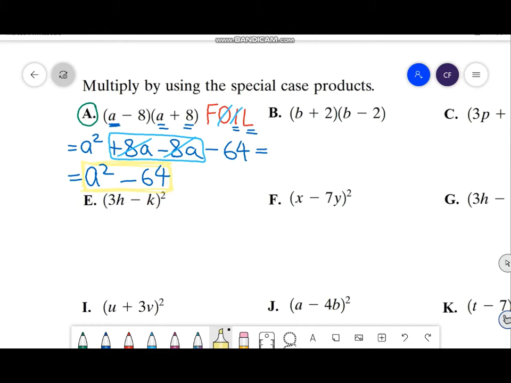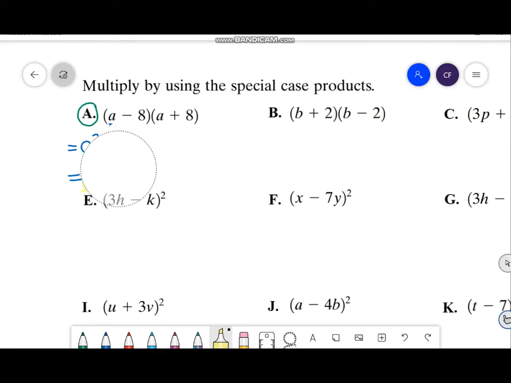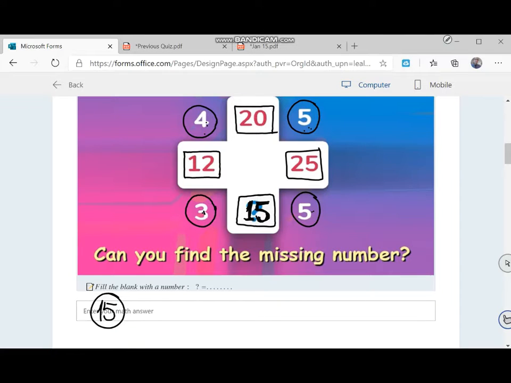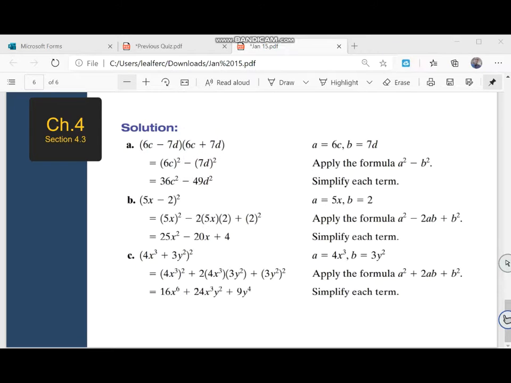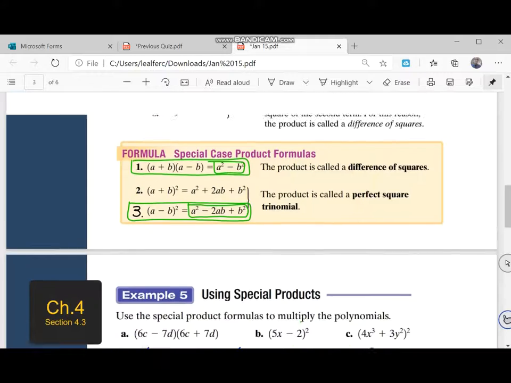Conclusion. Don't apply the FOIL method on this quiz. No. Go to the formula, and this is going to be a minus b times a plus b. Check the formula here. Let me just clean this up and bring back here the formula.